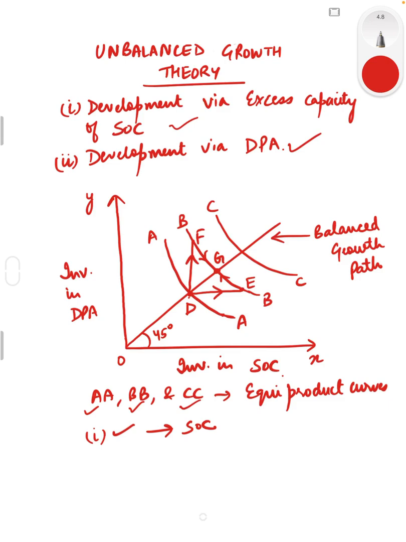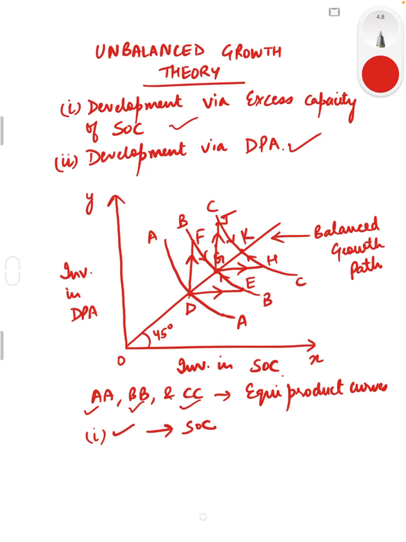Similarly, if you further increase investment in SOC from G to H, right, it will lead to a higher amount of investment in DPA also. From G to J, this will take place, and again the economy will come and settle down at a point K, which is again at a higher level of output.